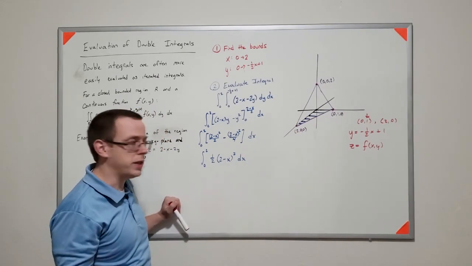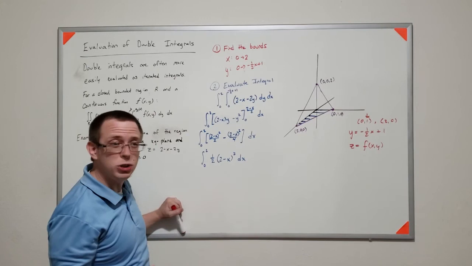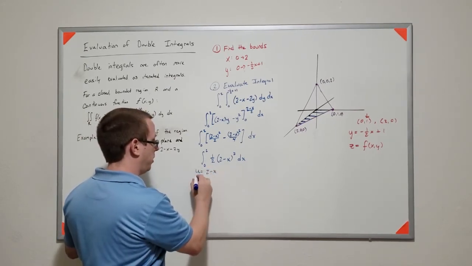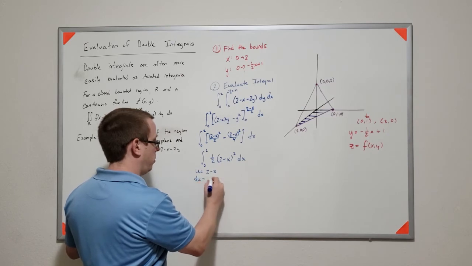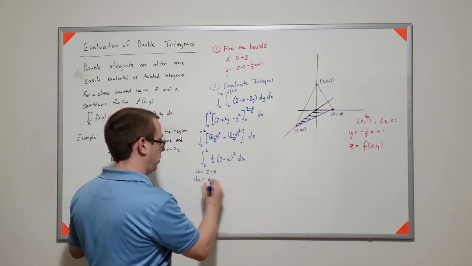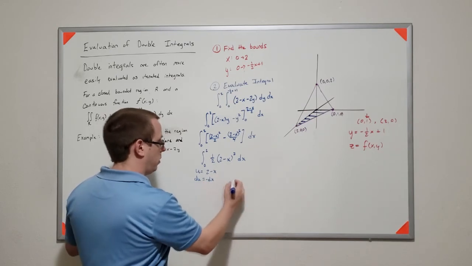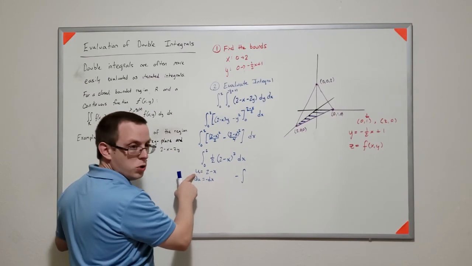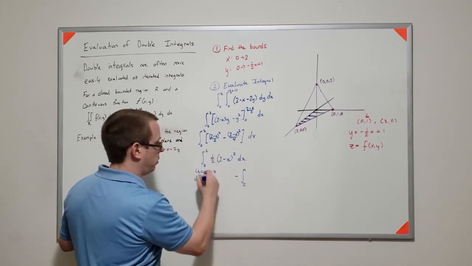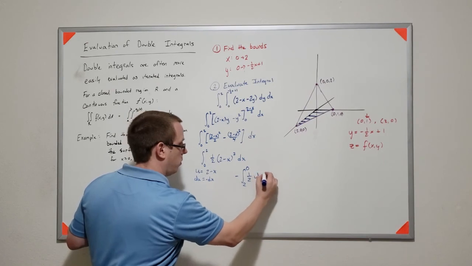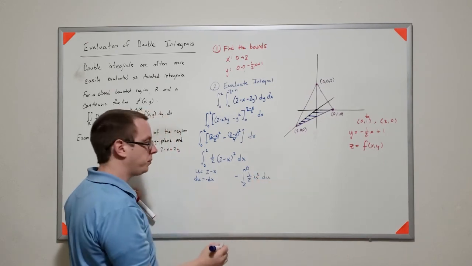We can multiply this out, but honestly, I would just use substitution. I would say u is equal to 2 minus x, du equals negative dx. When x is 0, u is 2. When x is 2, u is 0. So that gets me negative 1 half u squared du.